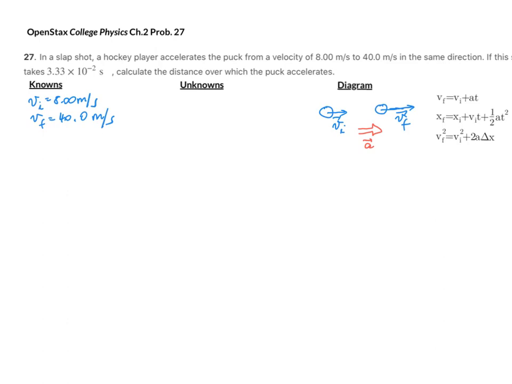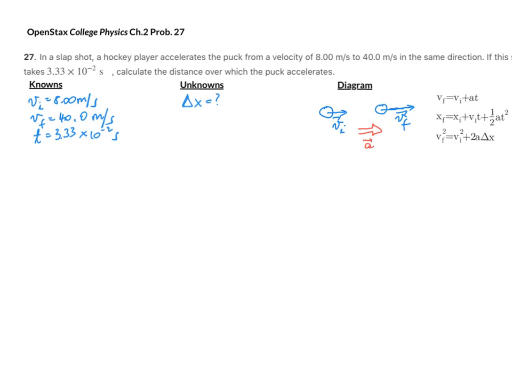All right, the next thing we know is that it takes an amount of time of 3.33 times 10 to the negative 2 seconds to accelerate the puck from the initial velocity to the final velocity. And we're looking for the distance over which the puck accelerates, so we want a delta x.